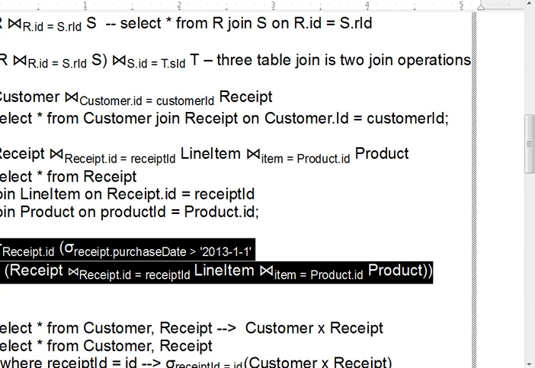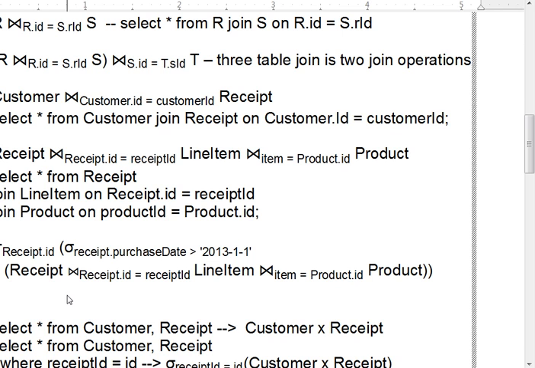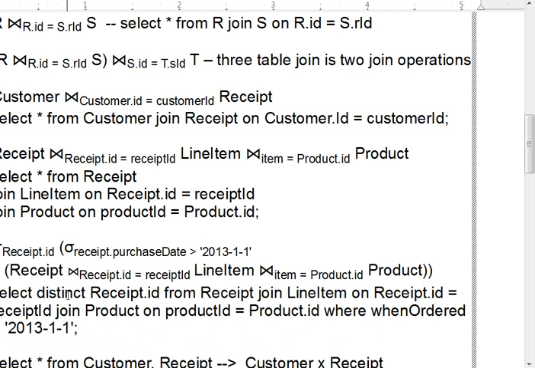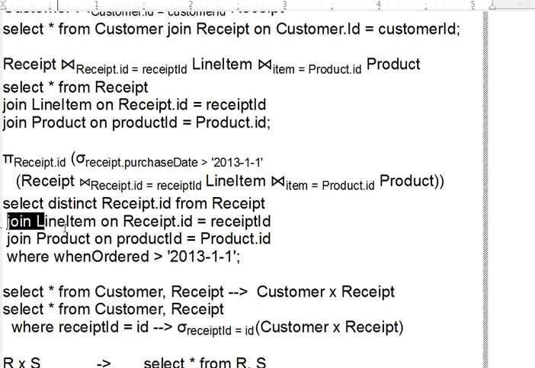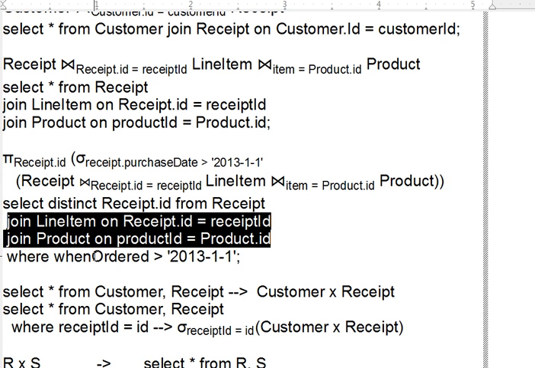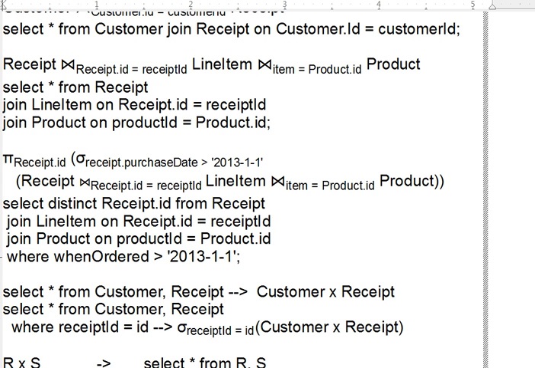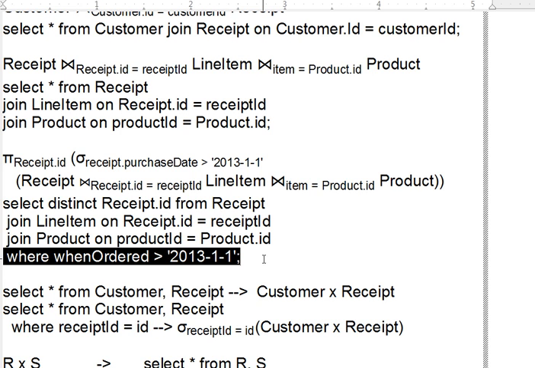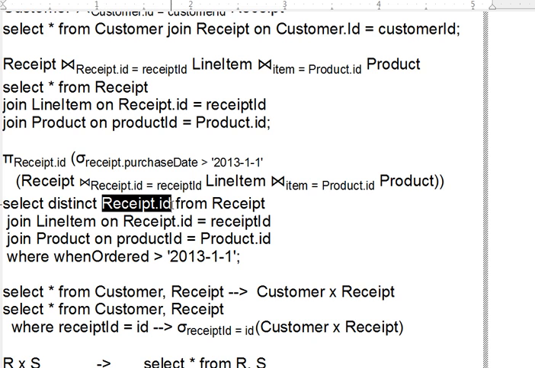And what you should come up with there is, so we have the two joins, and then a where clause to implement the selection, and then of course a choice of column receipt ID to implement the projection.